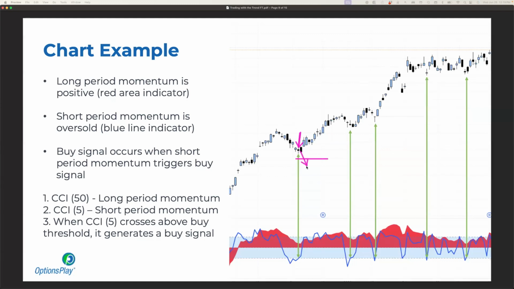So if it goes right below that, I'm risking very small amounts relative to the amount of potential reward that I have on each one of these trades. So the goal here is to buy as close to this specific bottom candle as possible. And as you can see, if you use these very specific indicators, you tend to buy very much either at the bottom candle or very close to the bottom candle, okay?